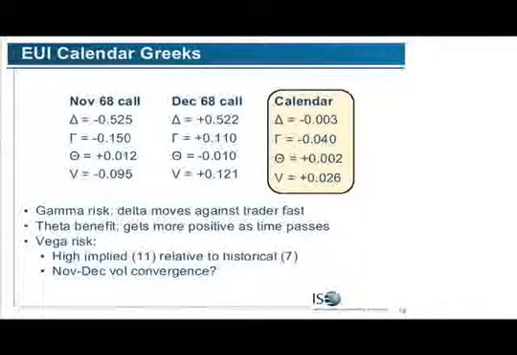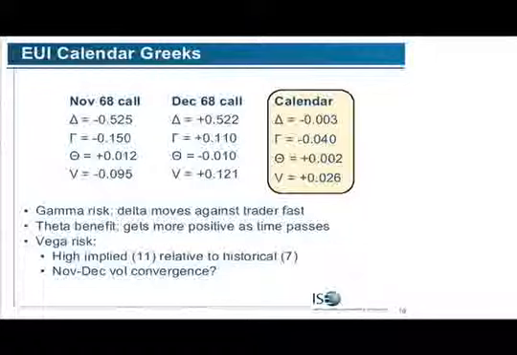The gamma of the option I sold is negative 0.15, and the gamma of the option that I bought is positive 0.11. So my net gamma is negative 0.04. That means my gamma is a measure of how much my delta changes.